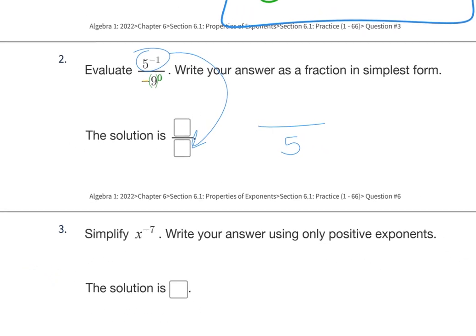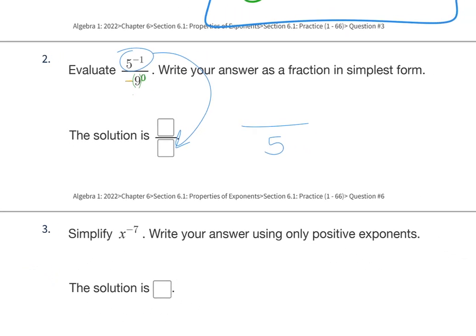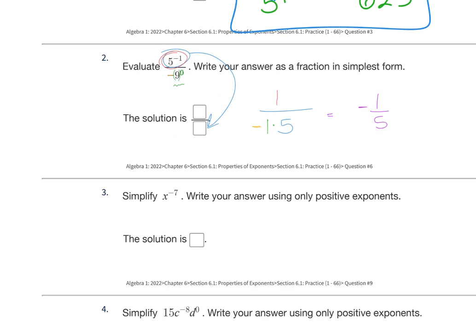So this green part is 1, and this negative is still floating out there. Now this part has to be 1 because it can't just become 0. So our answer is ultimately negative 1/5. You can put the negative with the 1 or with the 5. I don't think it matters.